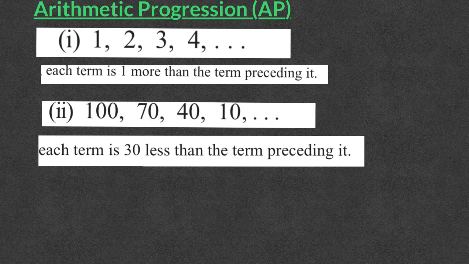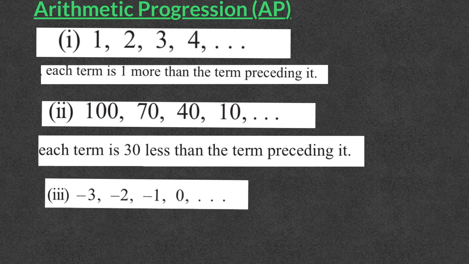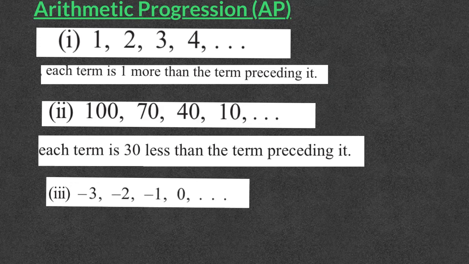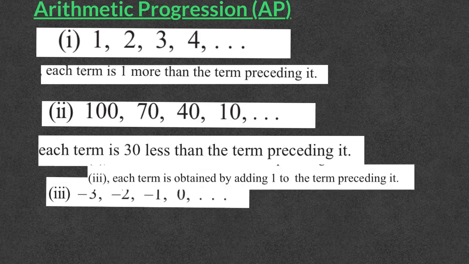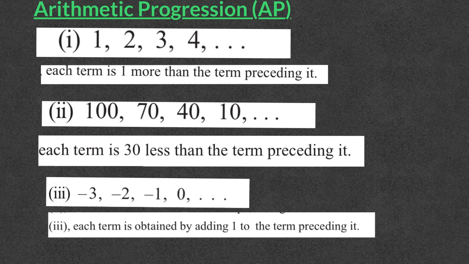Great. Let's consider a few more. Let's consider this series now: -3, -2, -1, 0 and so on. What do you observe in this? We observe that each term is obtained by adding 1 to the term preceding it. -3 plus 1 will be -2.